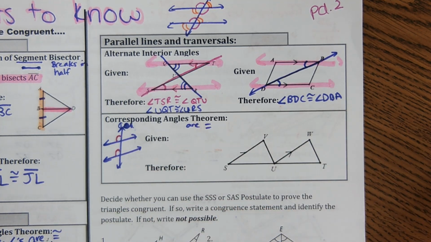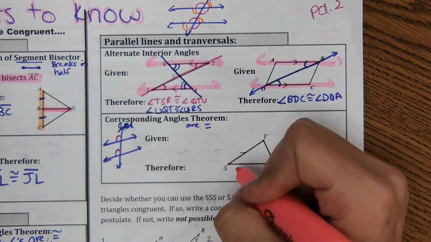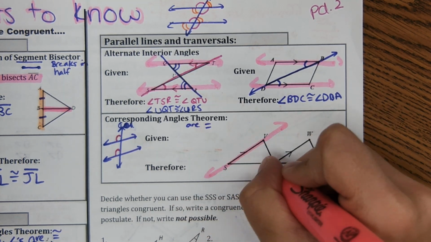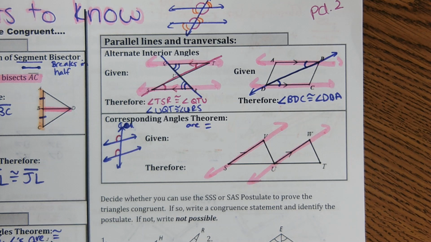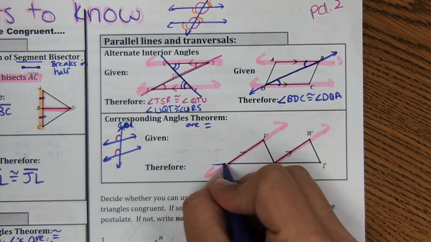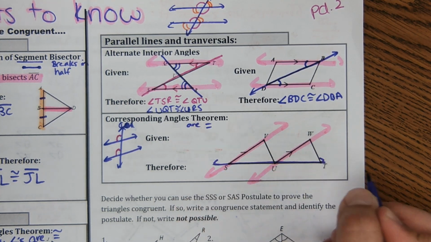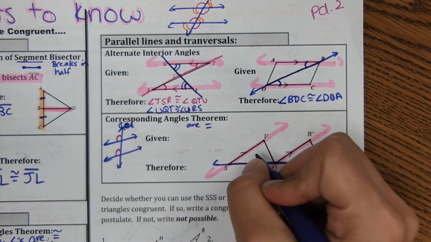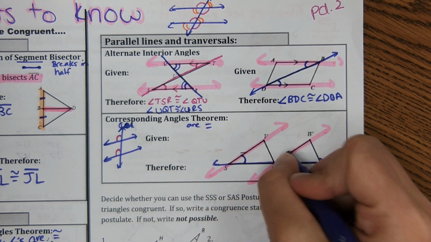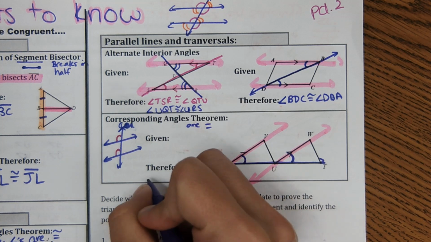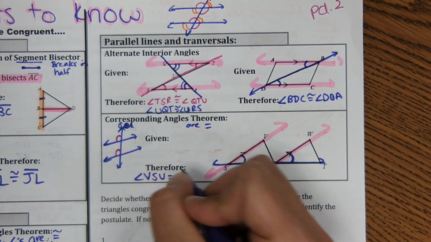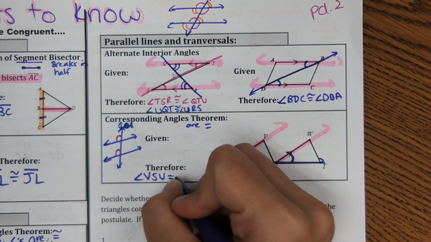So given, like this is the given, it shows a parallel line here and a parallel line here. And then this would be the transversal. Since corresponding angles are equal, we can say that this angle equals this one. So we can say that angle VSU equals angle WUT.